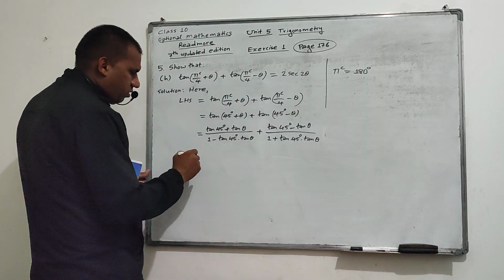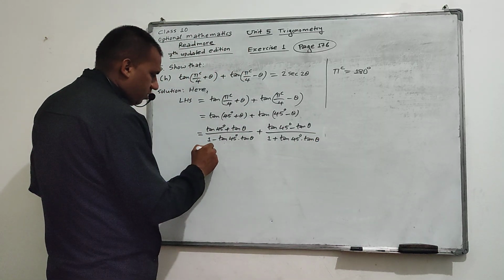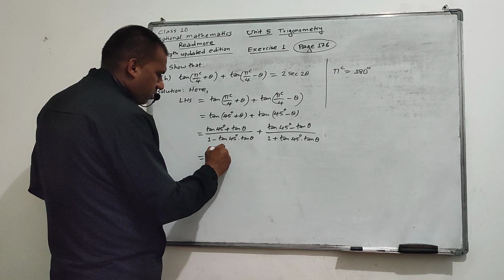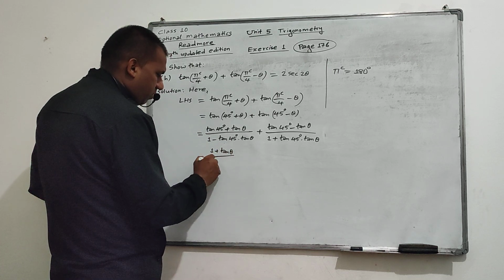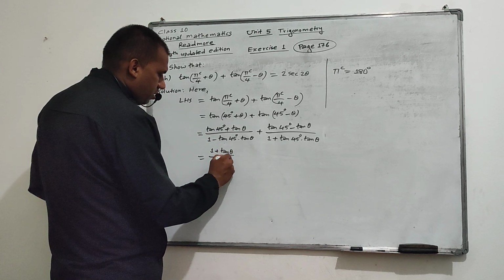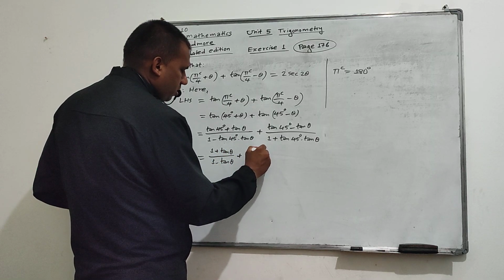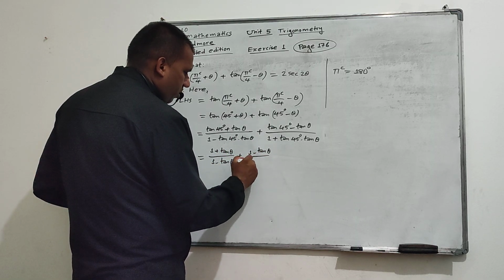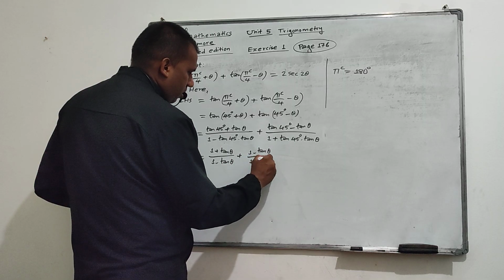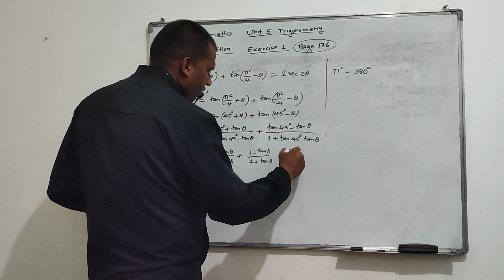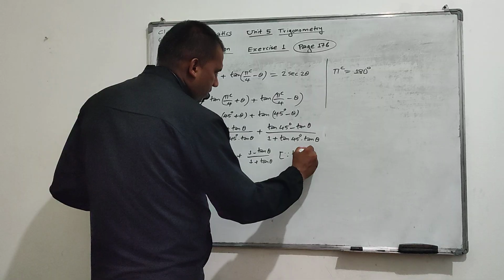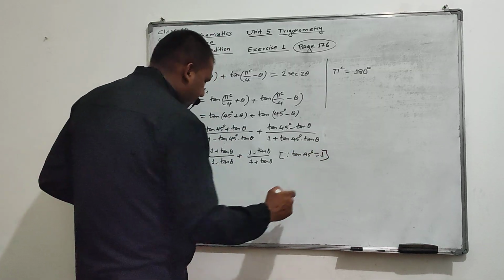Now we know tan 45 equals 1, so it becomes 1 plus tan theta all upon 1 minus tan theta, plus here 1 minus tan theta all upon 1 plus tan theta. We know that the value of tan 45 degree equals 1.